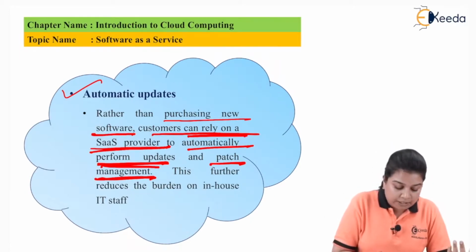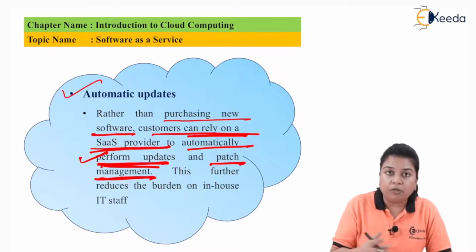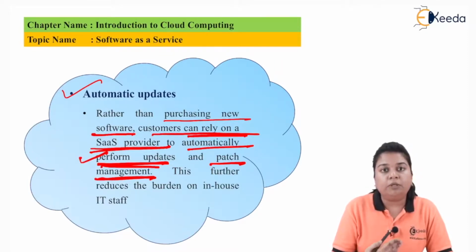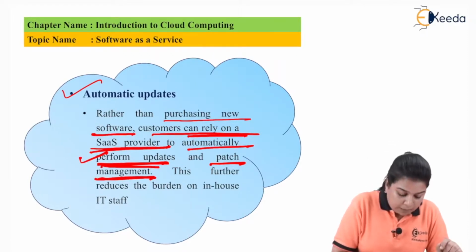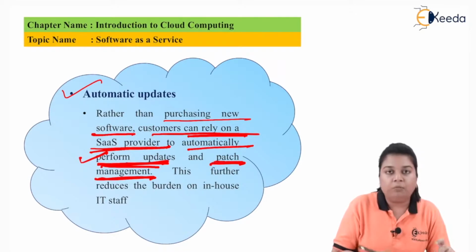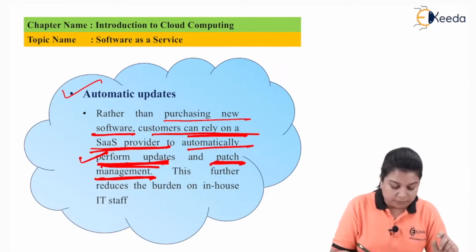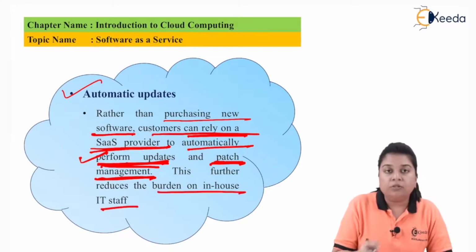So this provides an upgrade to that particular application, and I need not reinstall it or take a new version of that particular application. With these updates and patch management, my application is upgraded and up to date. This further reduces the burden on in-house IT staff.